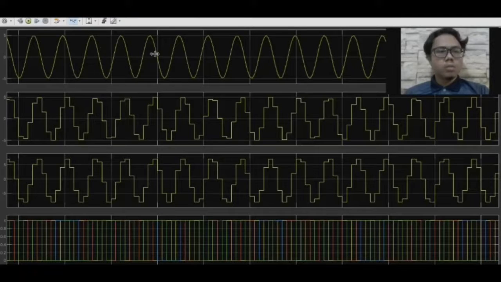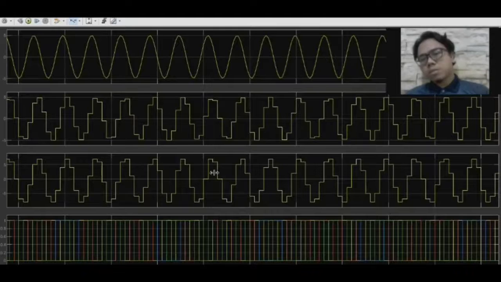Secondly, this is the output signal. This is the sample signal, and lastly the encoder signal. As we can see, the output signal and sample signal have aliasing in the waveform. You can see it is distorted.